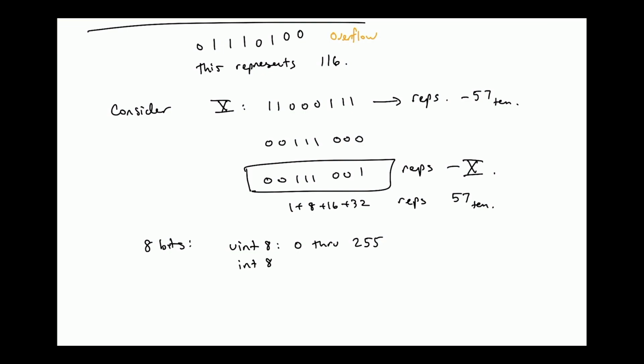Signed is just called an int8, so there's no u in front. Okay? And this system, how many things can we represent in it? Well, we're still using 8 bits, right? So how many things can you represent with 8 bits? Still 256 things.